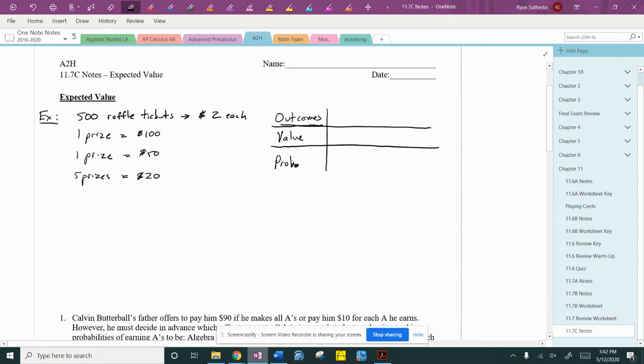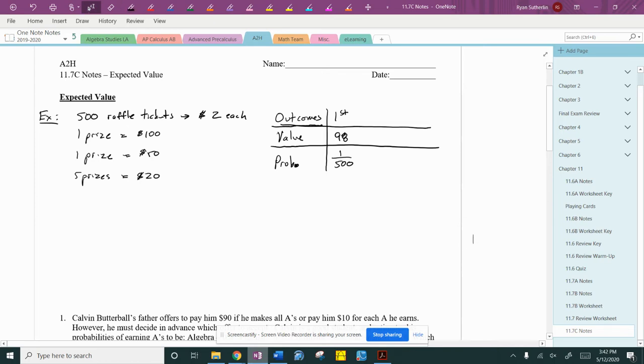For instance, the first outcome is I win first place. I'm just going to make this a little smaller to take up less space. If I win first place, I paid $2, I win $100, so my value is I actually made $98. And the probability that that happens is 1 out of 500.